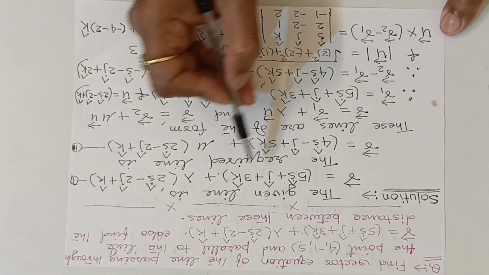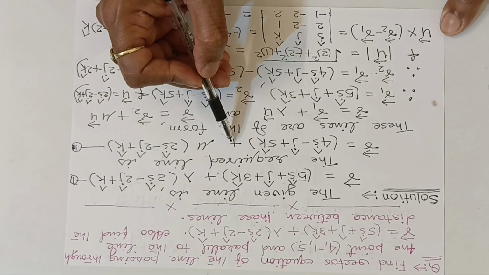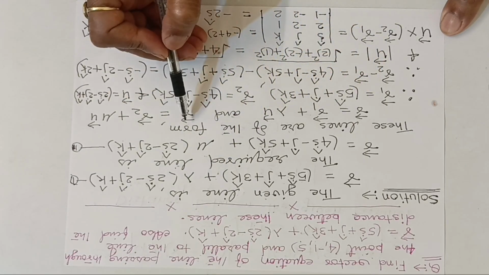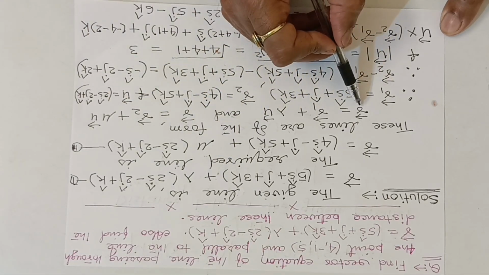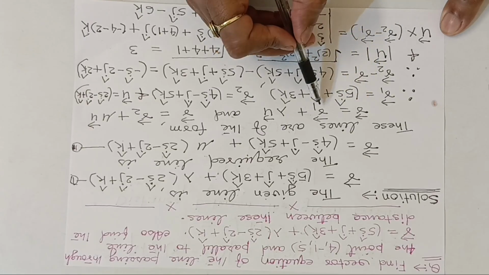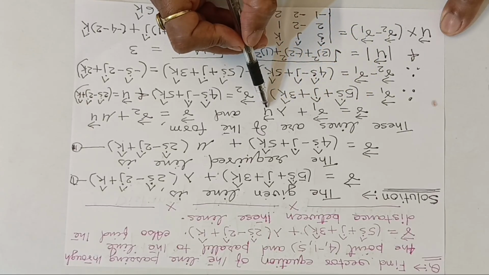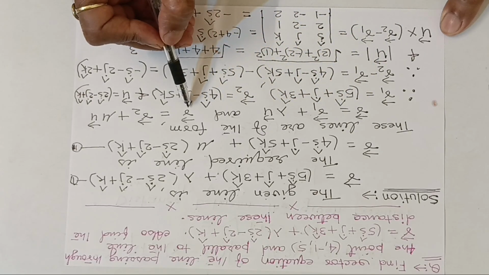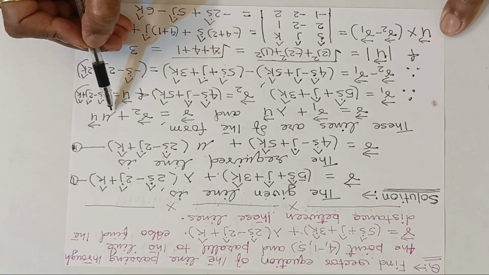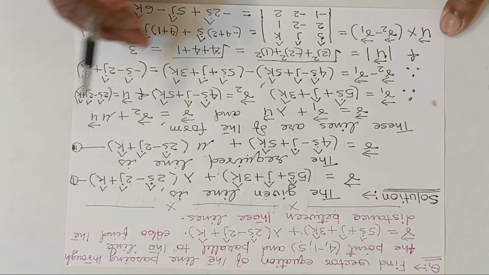These are lines 1 and 2. These lines are of the form vector r = vector r1 + lambda vector u, and vector r = vector r2 + mu vector u.